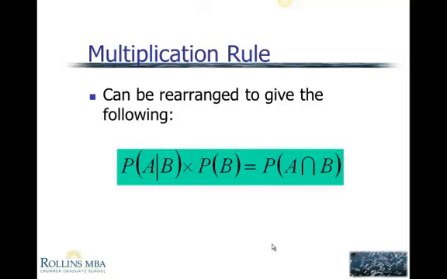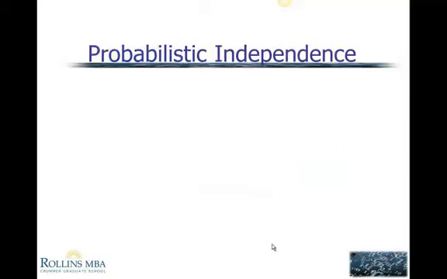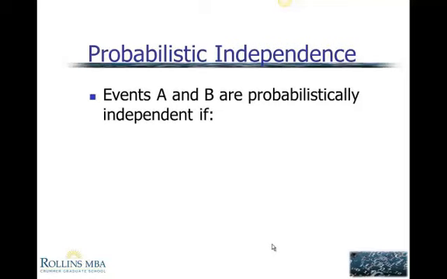We're going to come back and see how that reduces to something that we're probably intuitively familiar with, but only in certain cases. Let's talk now about this idea of independence of two events, probabilistic independence of event A and event B. We say that the two events are independent of each other if the probability of A remains the same regardless of what I know about B. So if the probability of A happening is a certain value, and if I say, what's the probability of A given B?